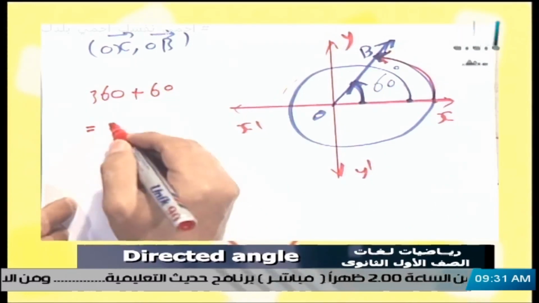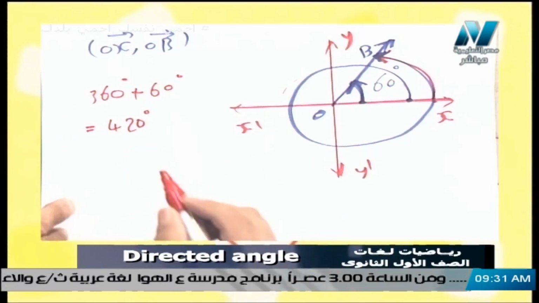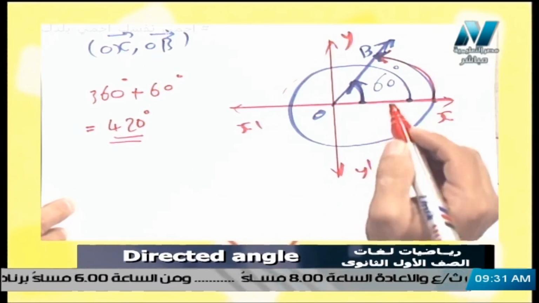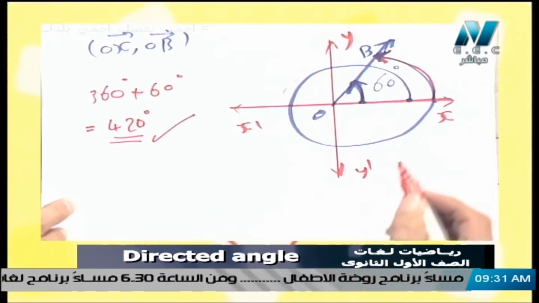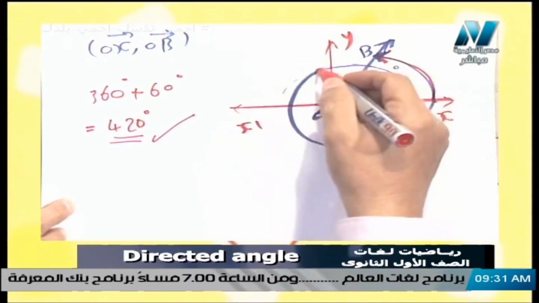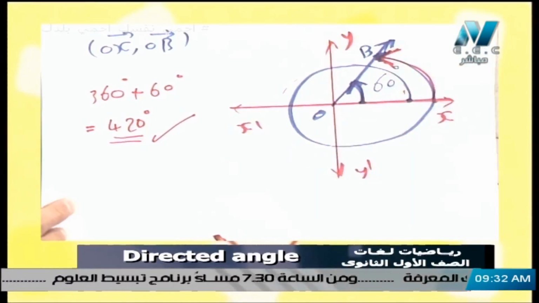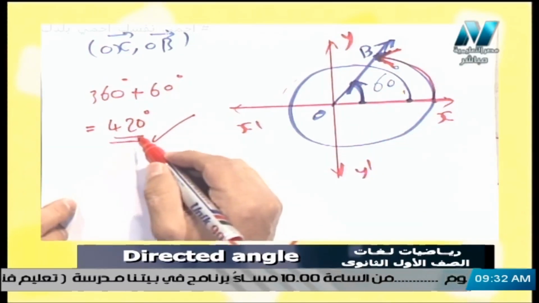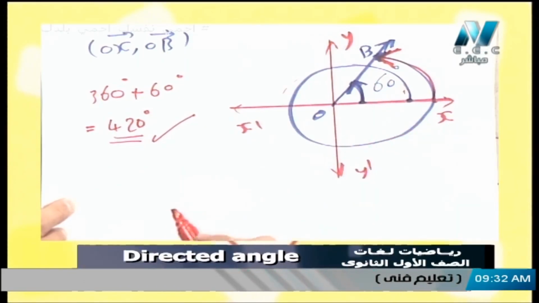So this angle will be 420 degrees. Is the angle 420 degrees equivalent to this angle, which is 60? Yes, it is an equivalent angle. Why? Because it starts from the same initial side and moves to return to the same terminal side. So 420 is equivalent to the angle 60 degrees.